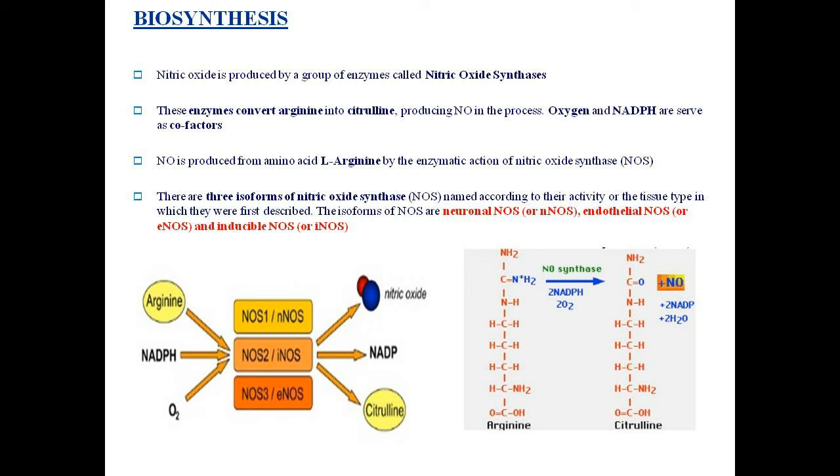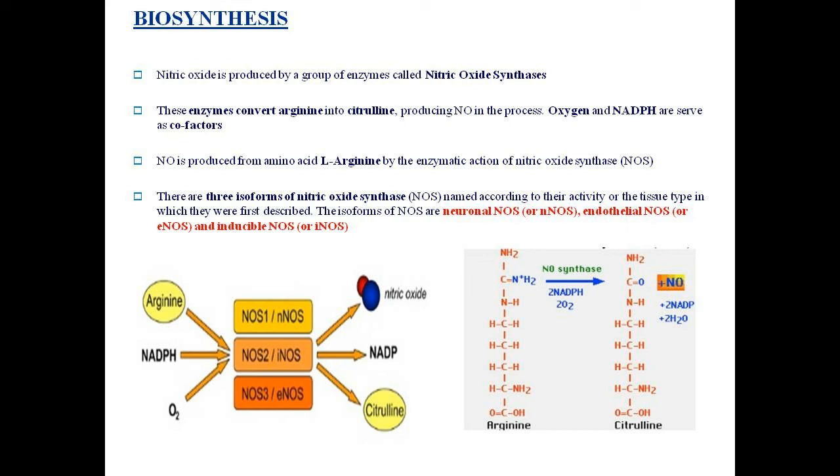These enzymes convert arginine into citrulline, and during this process, as you can see, nitric oxide is produced. The enzyme requires NADPH and oxygen as cofactors.